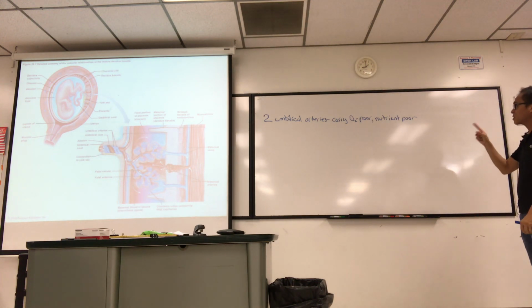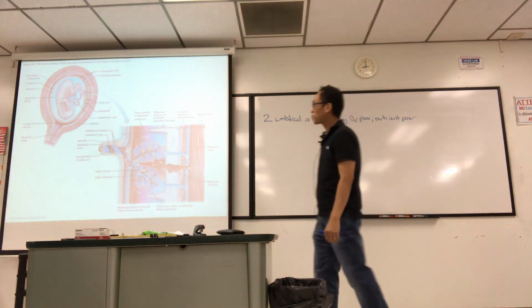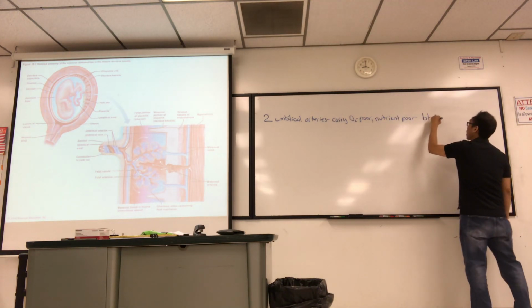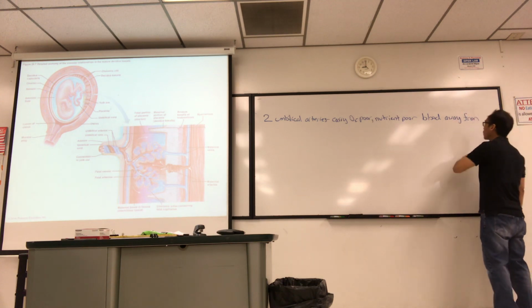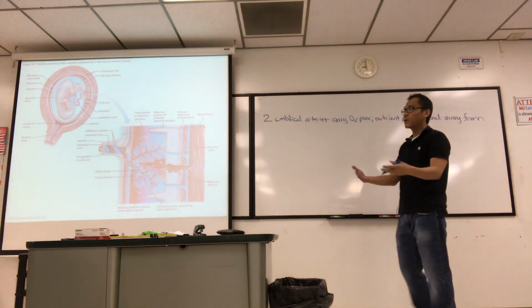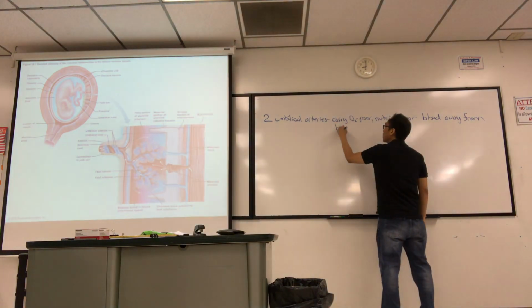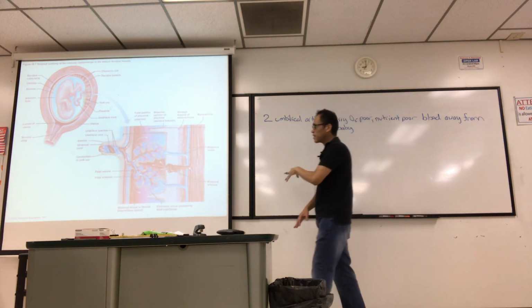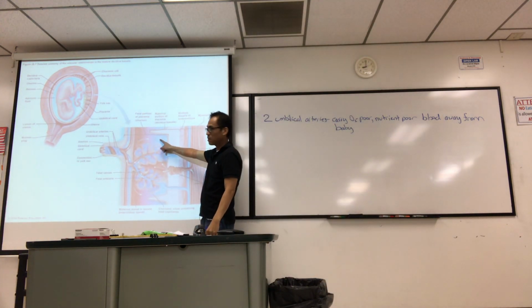The two umbilical arteries carry O2 poor, nutrient poor blood away from the baby, fetus, embryo, whatever you want to call the baby. You're taking that blood to be exchanged at the placenta, at the lacuna.